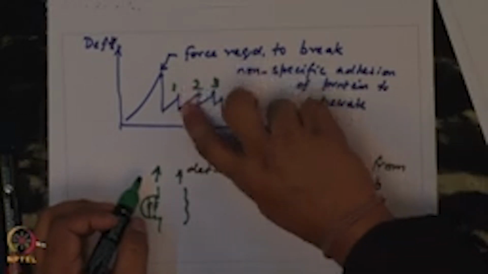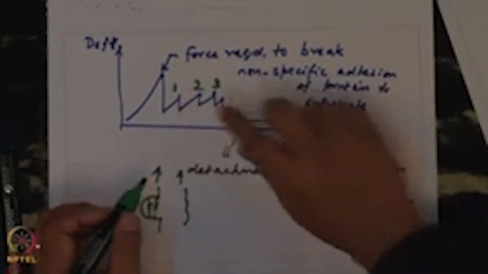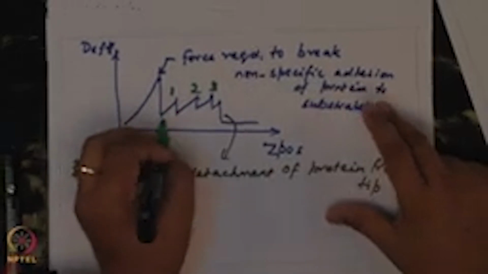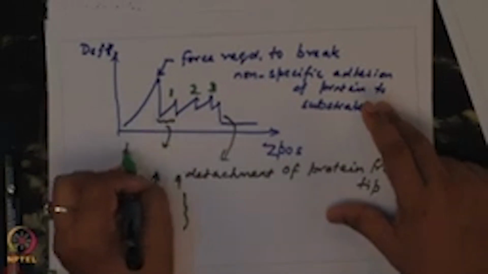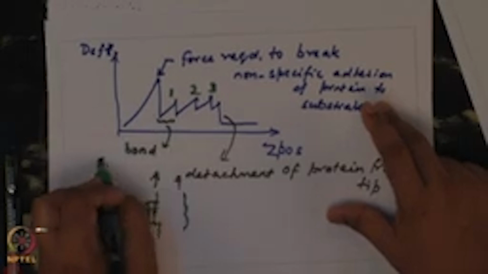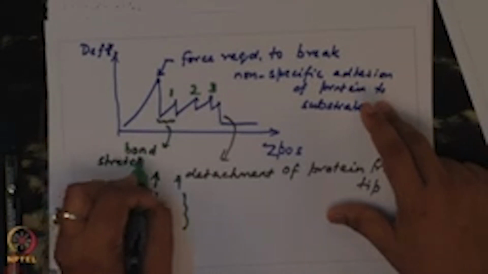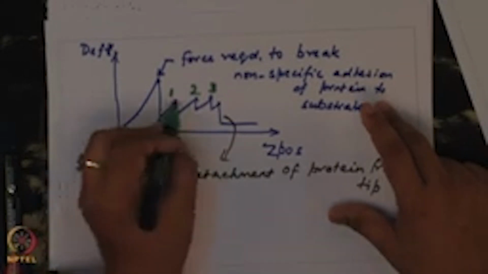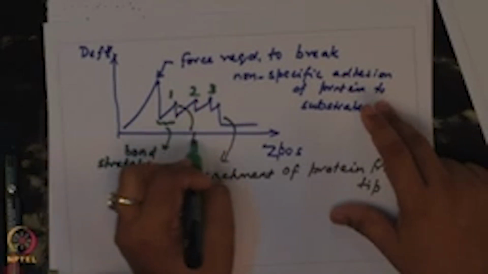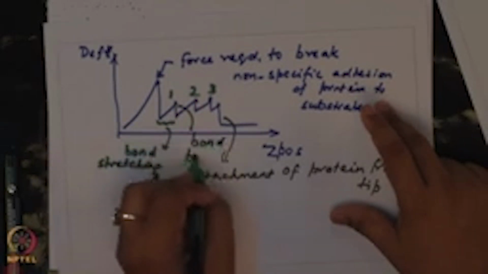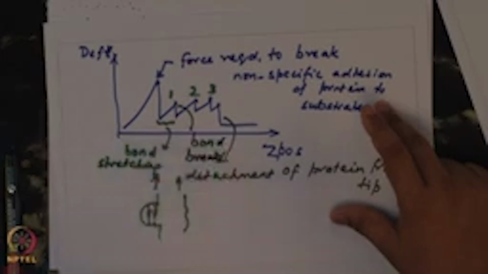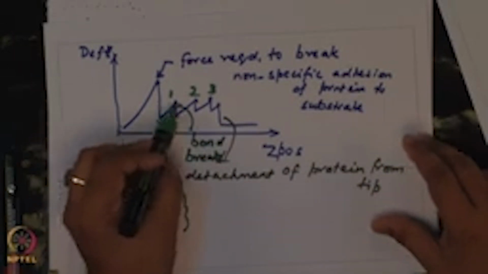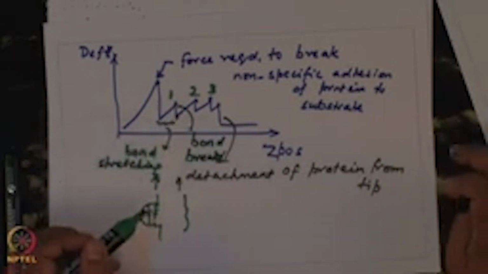That is why this drop is instantaneous. Okay. So, this period corresponds to bond stretching. At this point, the bond breaks, and then there is an instantaneous drop in force.